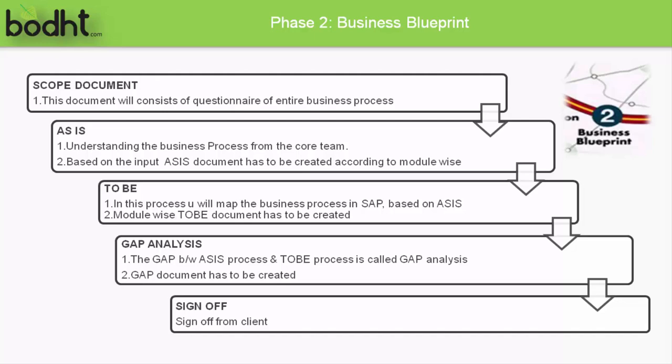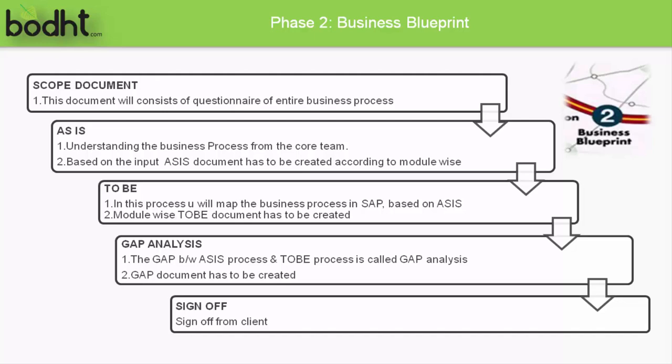And also there will be a gap analysis document. What happens is, let's say in their legacy system, they were running the process in a particular fashion, and in SAP out of the box, let's say it is not possible to achieve exactly the way they were doing in their legacy system or the earlier system. So this becomes a gap.